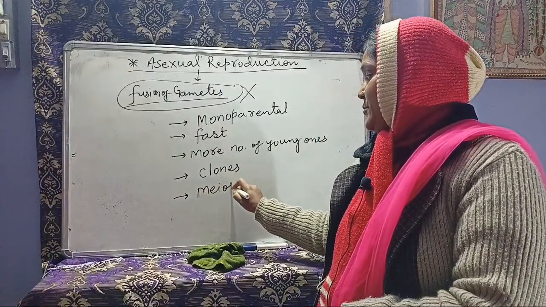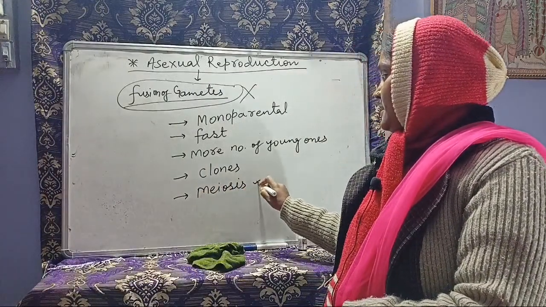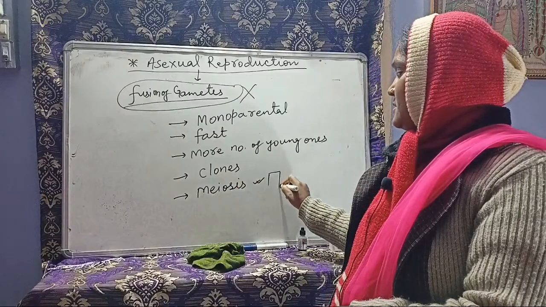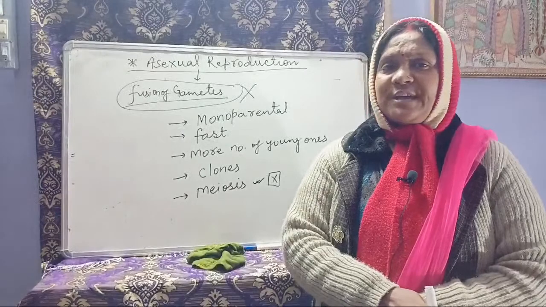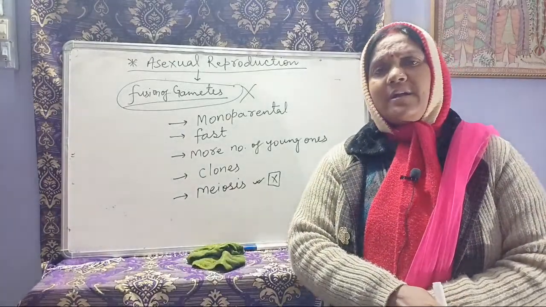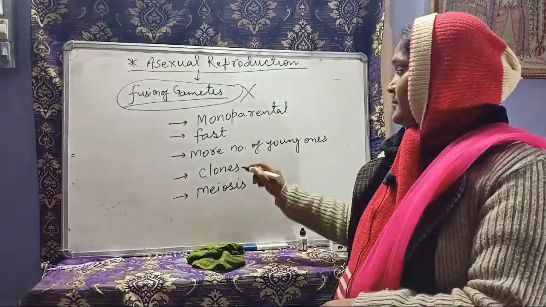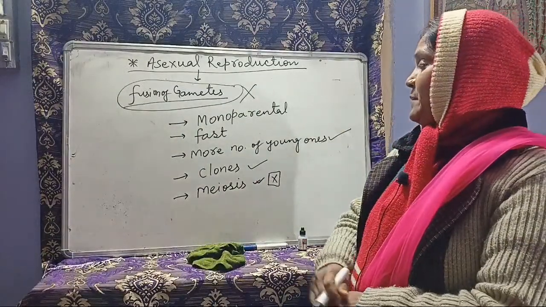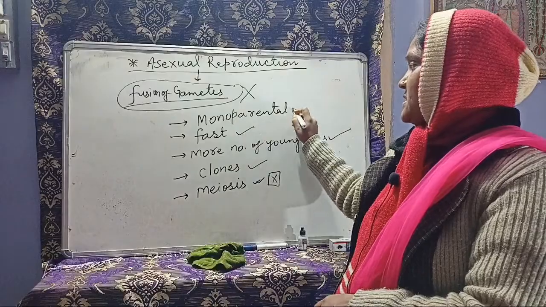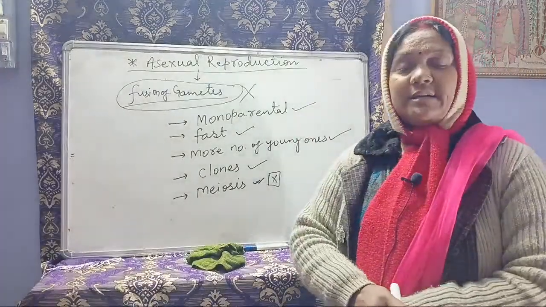During asexual reproduction, meiosis is absent. Meiosis type of division never takes place. Clones are formed, more number of young ones are formed. It is a fast process and monoparental.